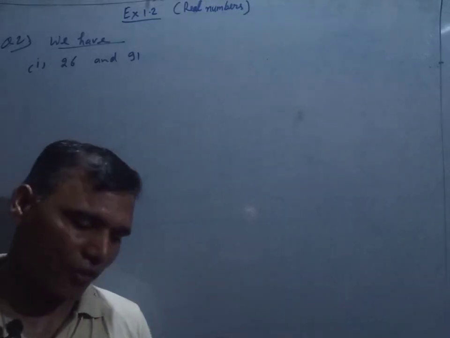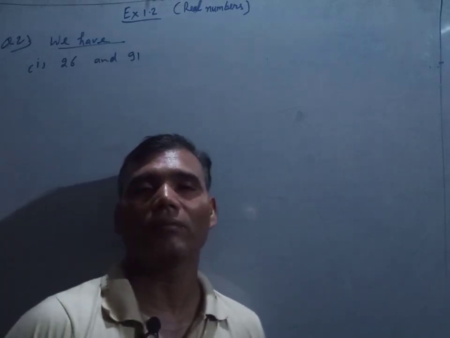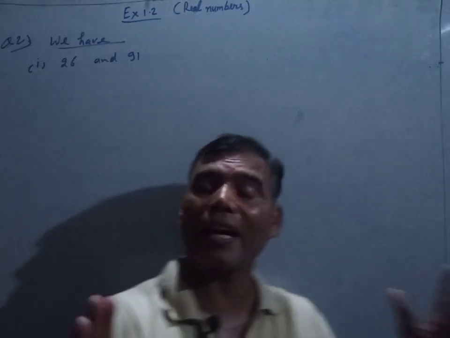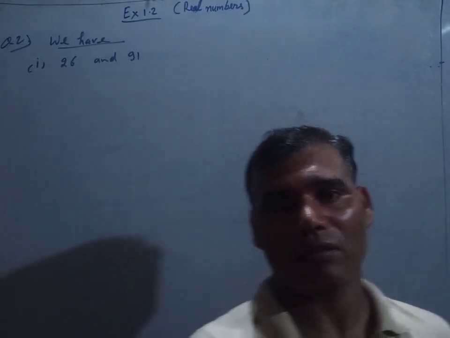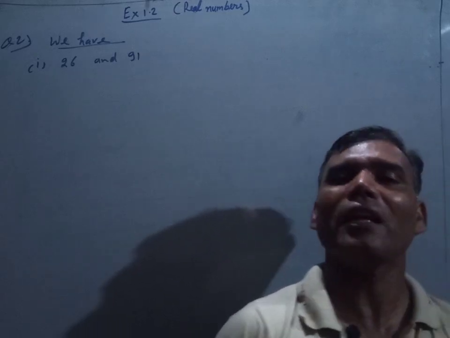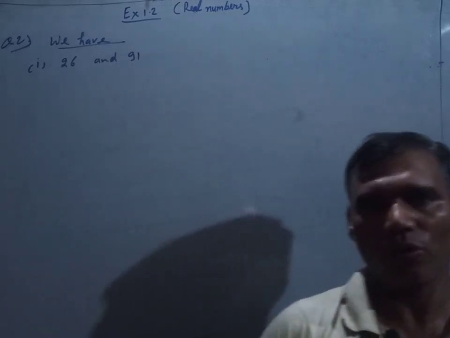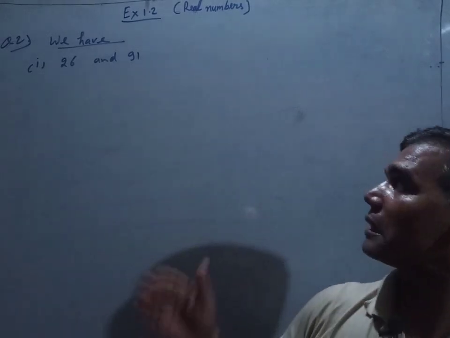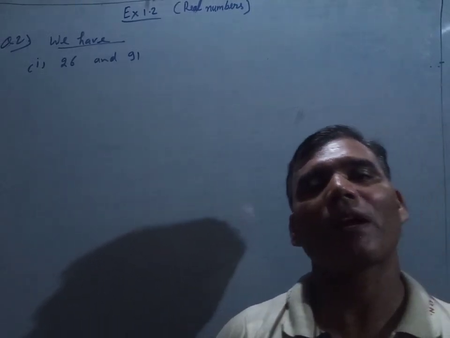First we find HCF and LCM. You can find LCM and HCF by many methods: prime factorization, division method, Euclid's method, or any other method. First I solve by expressing these numbers by prime factorization.